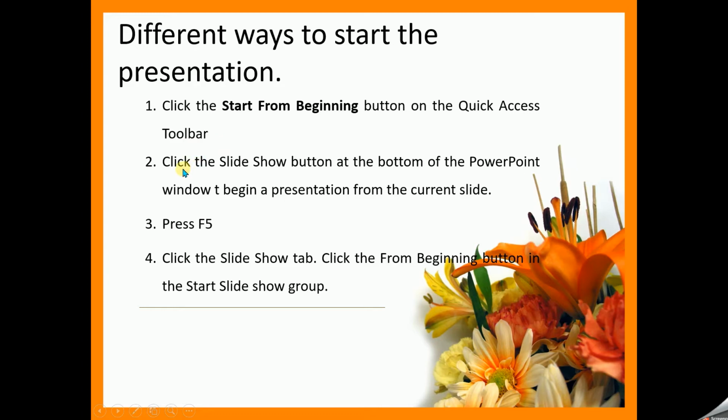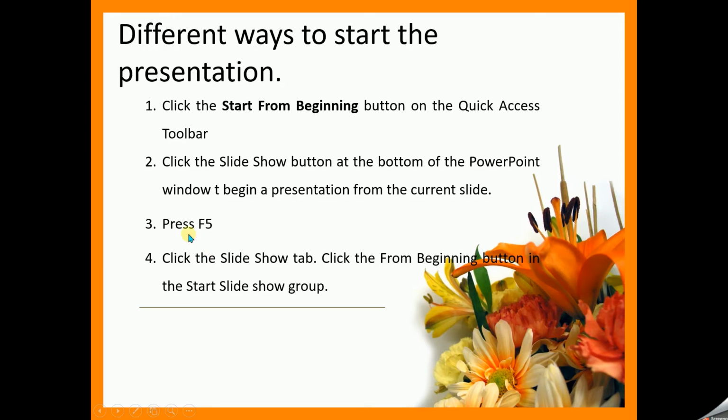And the second way, click the slideshow button at the bottom of the PowerPoint window to begin a presentation from the current slide. If you want to start from the current slide, you need to click at the bottom of the PowerPoint window, view plane.